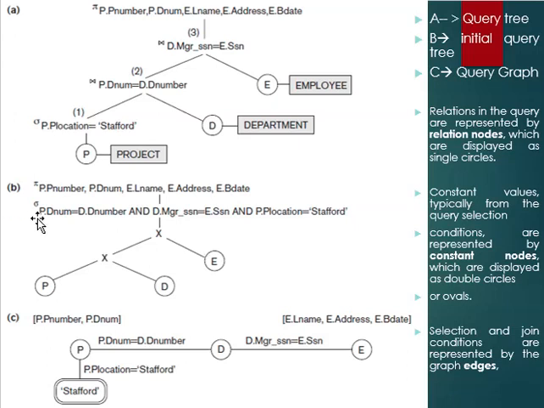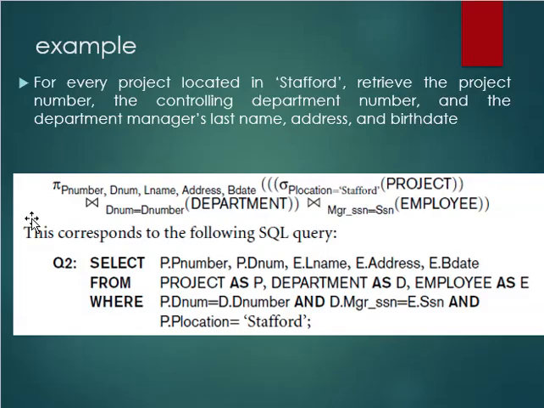Then we do the selection condition, that is, we try to remove the unwanted tuples based on the condition D number equal to D number, MGR equal to SSN, location is equal to Stanford. So we are trying to remove the unwanted or invalid tuples. After this selection, we have a joined table which consists of the attributes of P, D and E, but we removed the invalid tuples. Next, in the select query, we can see that we require only 4 attributes.